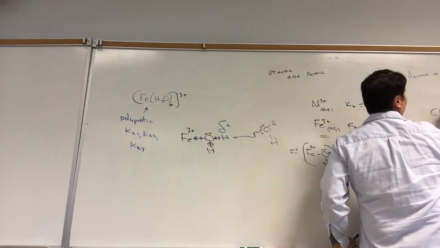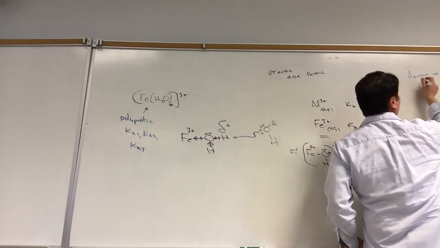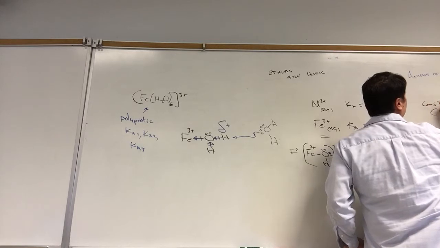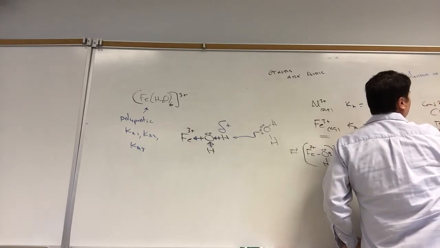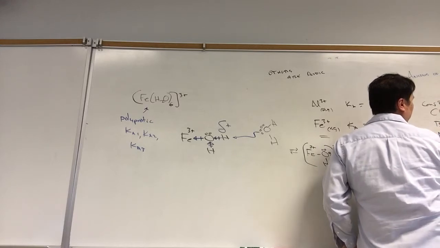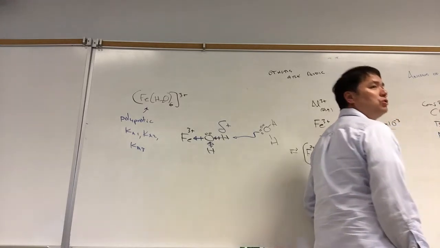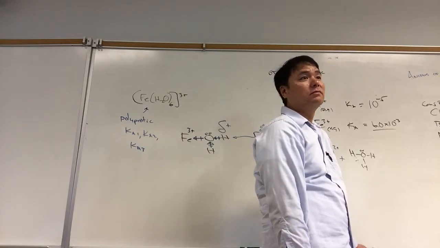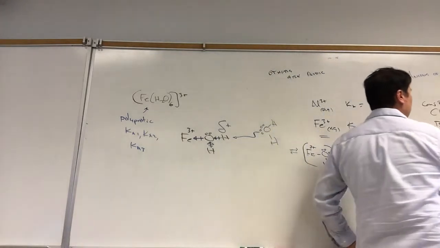This would be like chloride. The anions of strong acids would be the conjugate bases. These are the conjugate bases: chloride, bromide, nitrate. The thing about HSO4 minus is it's pretty much neutral as far as base properties, but it's an acid. It's a decent acid. So this is acidic.